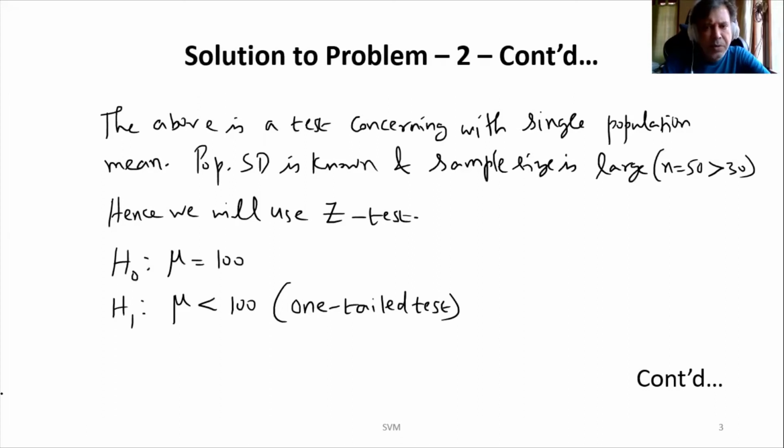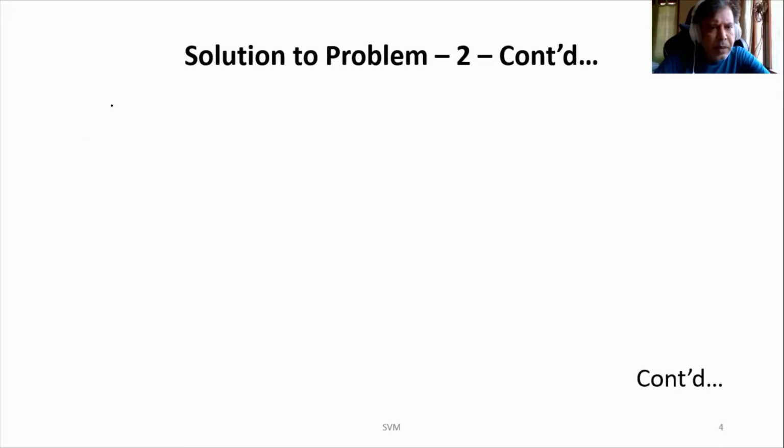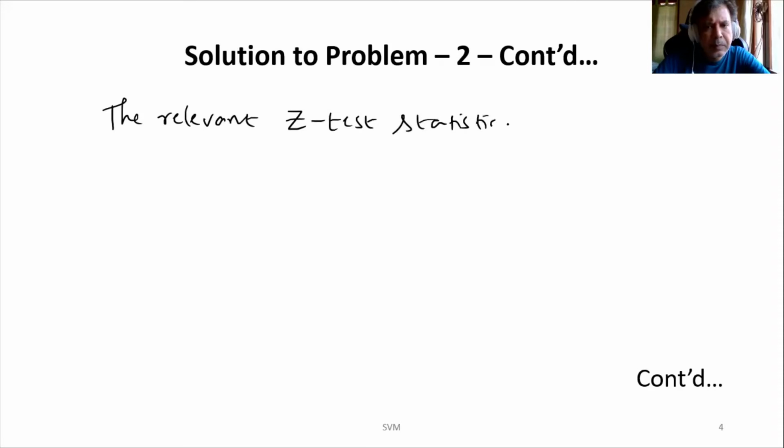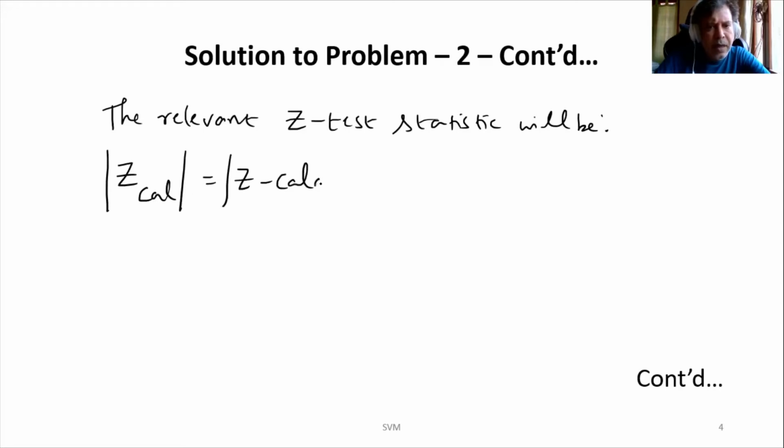Then the next step is to write down the test statistic. The relevant Z-test statistic will be, let me say, Z-cal under modulus, which is the Z calculated value.